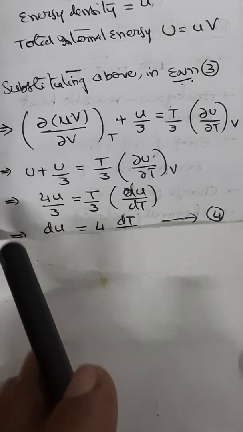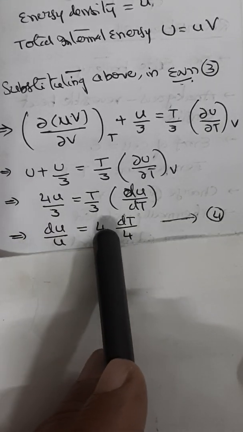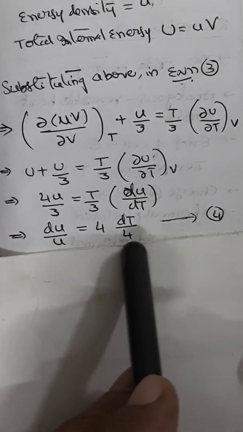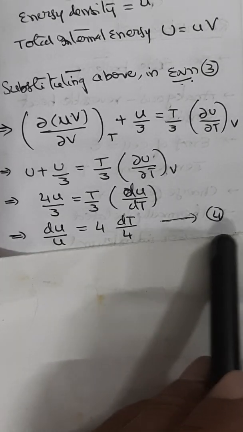Now cross multiply: du by u equal to 4 dT by T. Let this be equation 4.